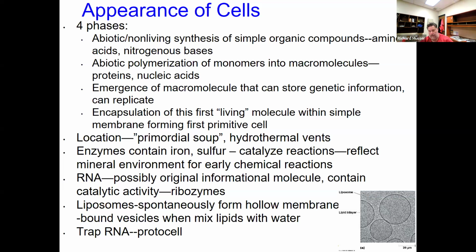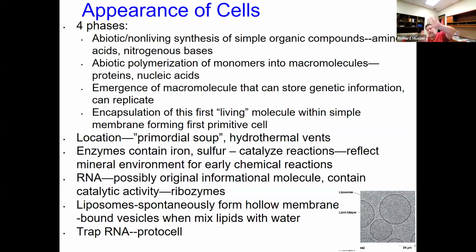We don't fully understand how life formed on Earth. But things like this, and RNA, which is a self-replicating informational molecule, apparently were present. And things like liposomes, we can see those in water as well, which is basically a lipid bilayer.